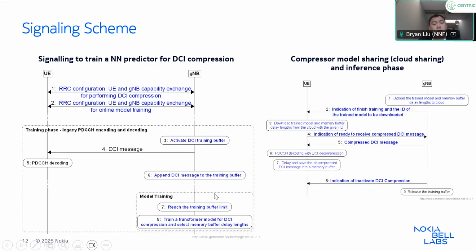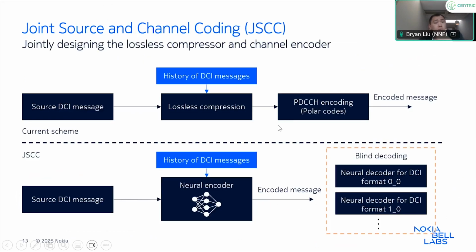Once the training phase is done, the gNB will share the transformer model, in our case, with the UE. One thing I want to highlight here: to achieve this lossless compression, the deep learning model has to be exactly the same for the UE and gNB, because the probability distribution estimate has to be matched between the UE and gNB.